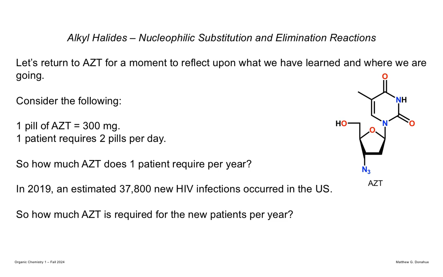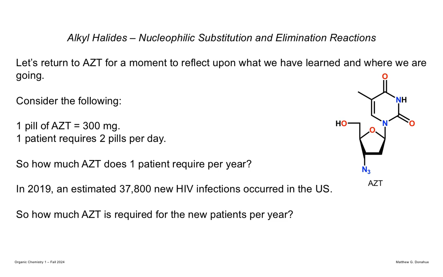If you look, one pill of AZT has 300 milligrams of the active pharmaceutical ingredient. A patient must take that twice a day, so that's 600 milligrams per day. You multiply that out by 365, and you get the amount that one patient has to take per year.